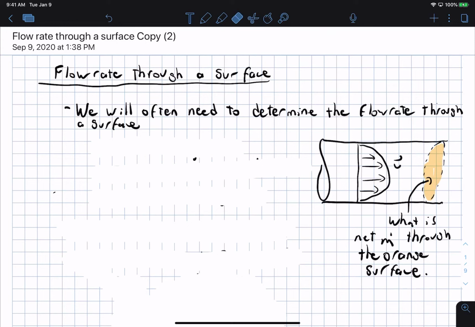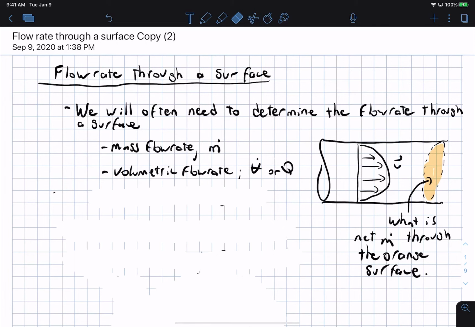Okay, and this is useful to determine the mass flow rate, m dot, which you guys used quite a bit in thermo. The volumetric flow rate, I tend to use the notation of V dot for that, but a lot of the fluids books use Q. I prefer V dot for the volumetric flow rate because when you guys take heat transfer, you will be dealing with volumetric flow rates, and also you'll be dealing with heat, which is Q, and volumetric flow rate, which is Q. So something has to give.